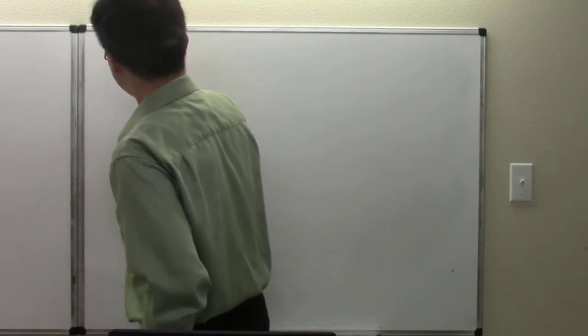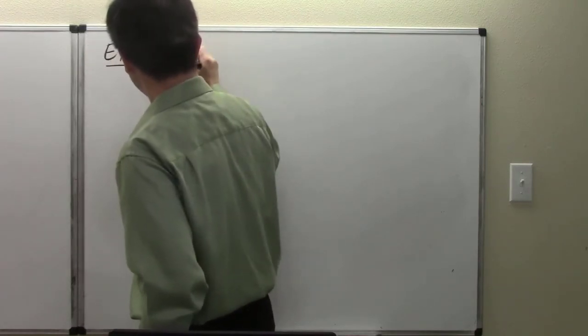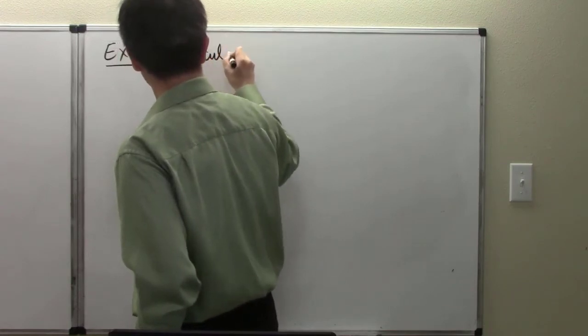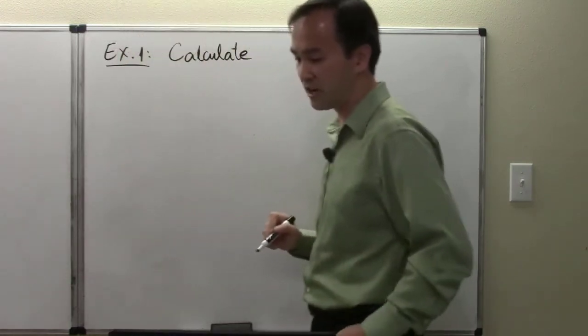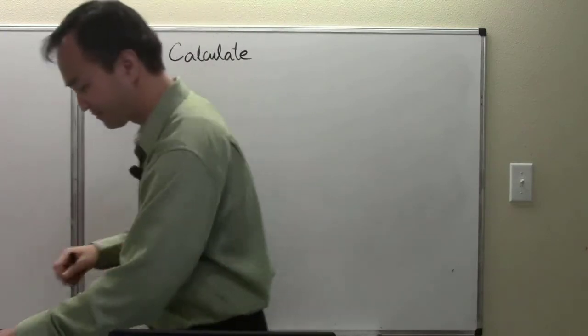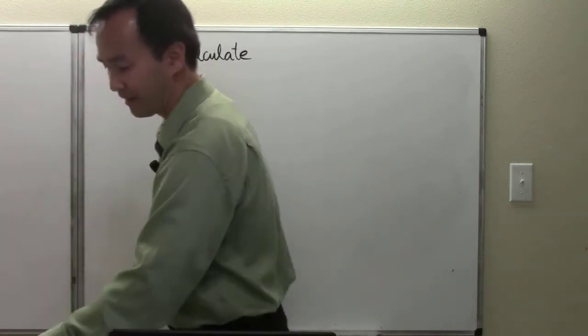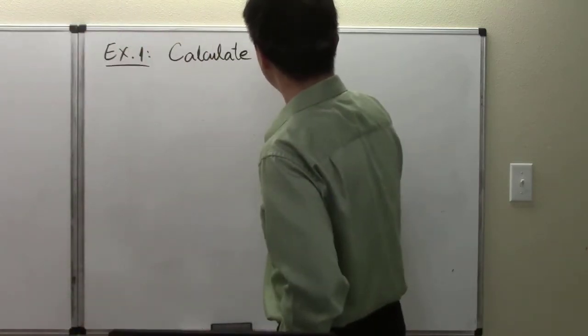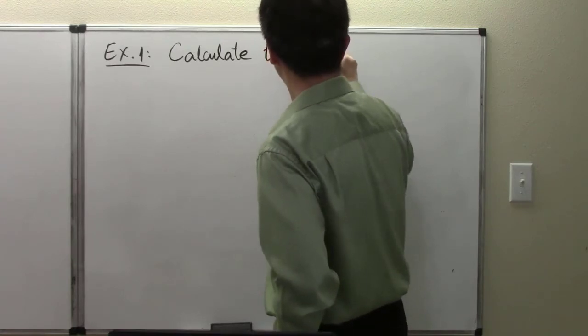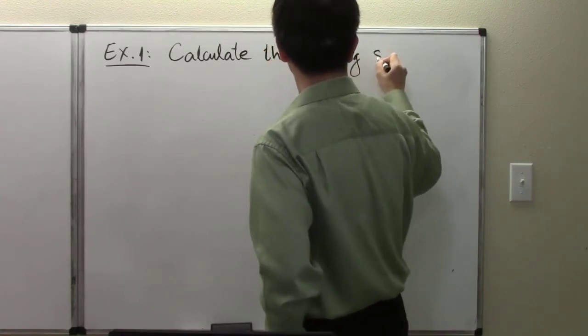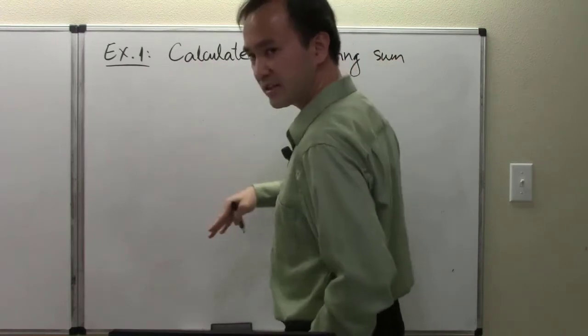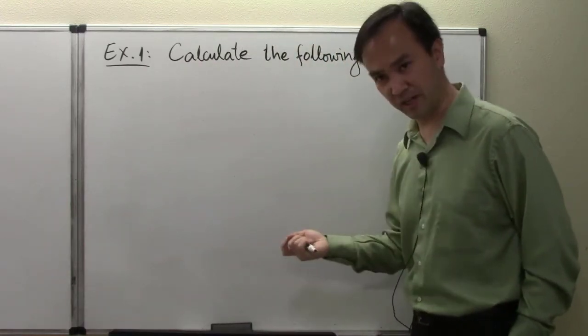All right, so let's look at example 1. The instruction says we want to calculate the following sum. Expect that after this instruction, I am going to give some kind of sum right here.